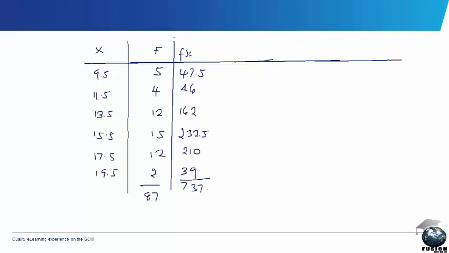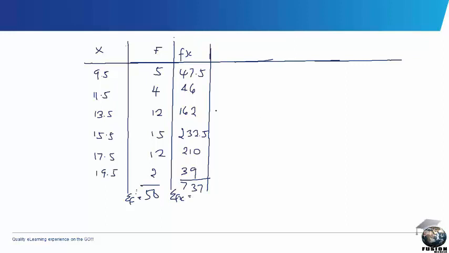That's 50. So this was wrong. So from here we have summation f equal to 50, and then this gives us summation fx equal to 737.